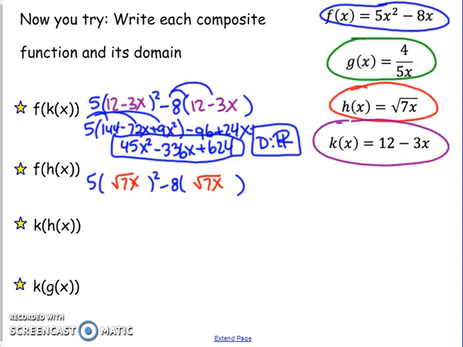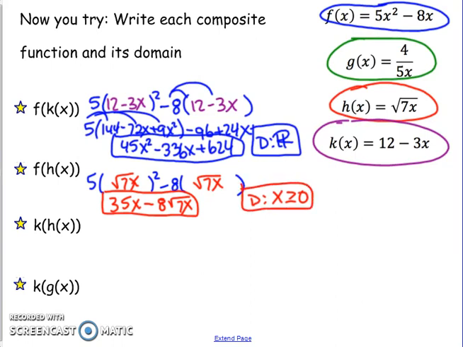So I have 5 times 7x, so that's going to be 35x minus 8 radical 7x. So this is going to be a radical function, since there's a radical in it. So for those, I set the radicand to be greater than or equal to 0. So the domain is going to be x is greater than or equal to 0.